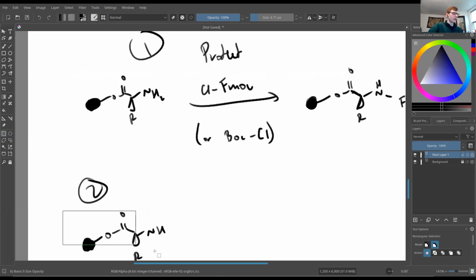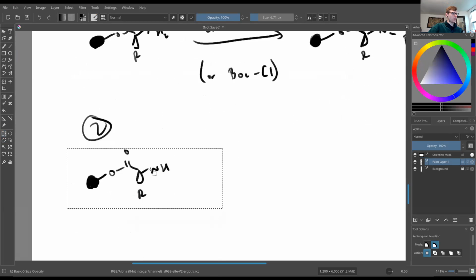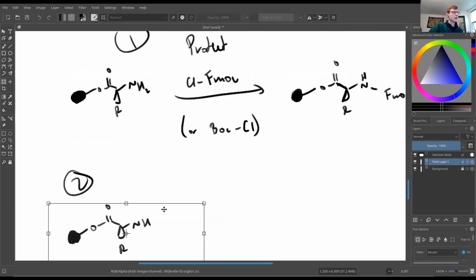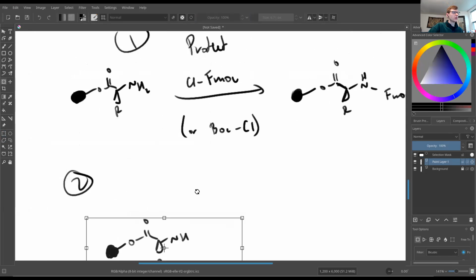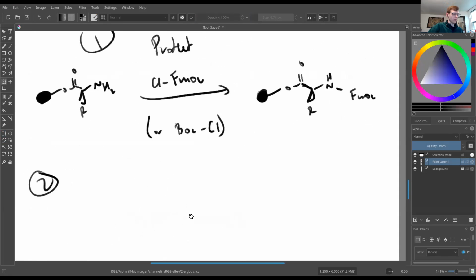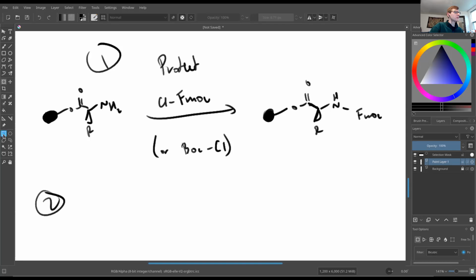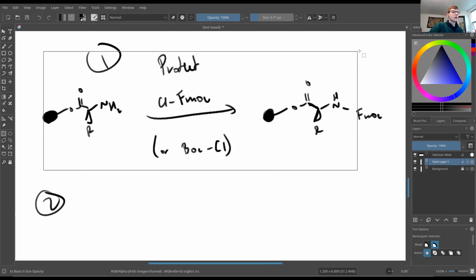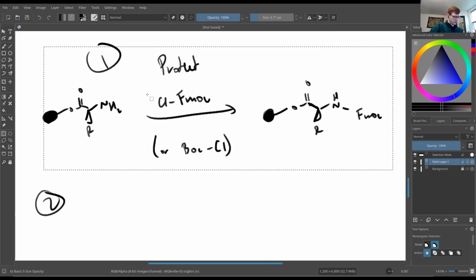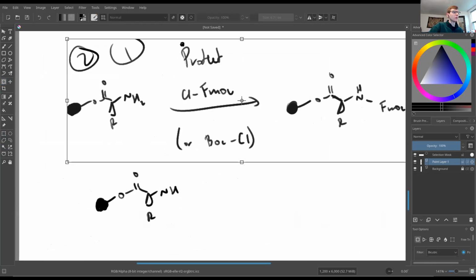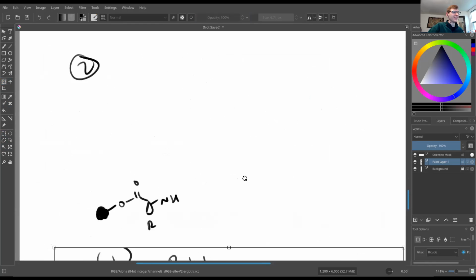Let me move these around. Protecting should actually be later, or kind of separate. So we'll protect later.